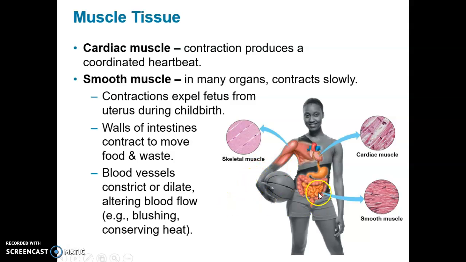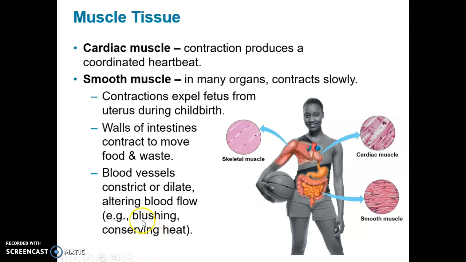Contrasting that, let's say when you're eating, you had a meal, the blood vessels that serve the digestive system dilate, so you get more blood in the digestive system to deal with the digestion of food, and at the same time, the blood vessels serving the muscles will constrict to limit the blood flow to the muscles, because basically they're not needed at that point.